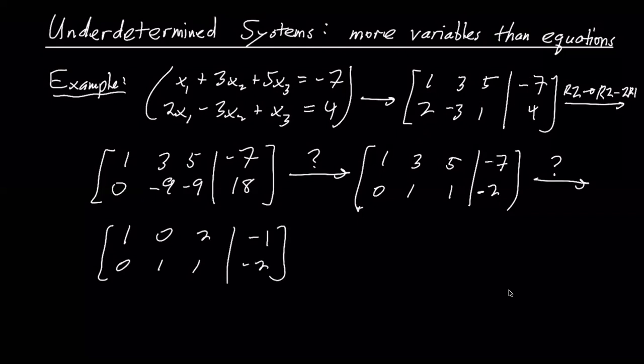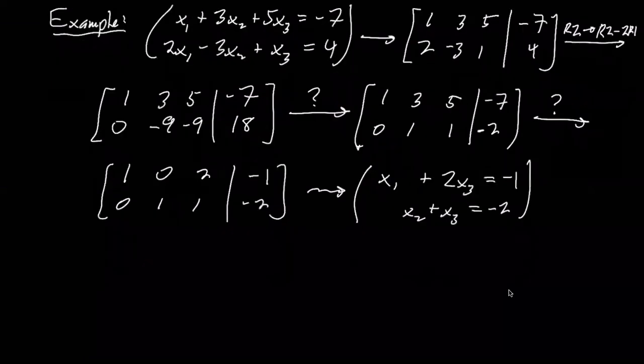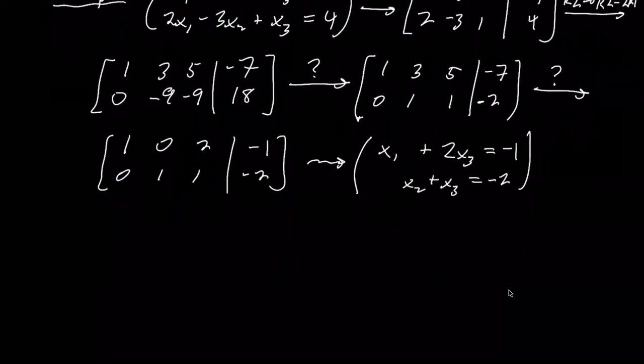Something like that, okay? Now it's good to translate this back into equations. So the equations become x1 plus 2x3 equals -1, and x2 plus x3 equals -2. What this means, if you remember from the chemical equation example, is we have this one column that we're calling a free variable column.